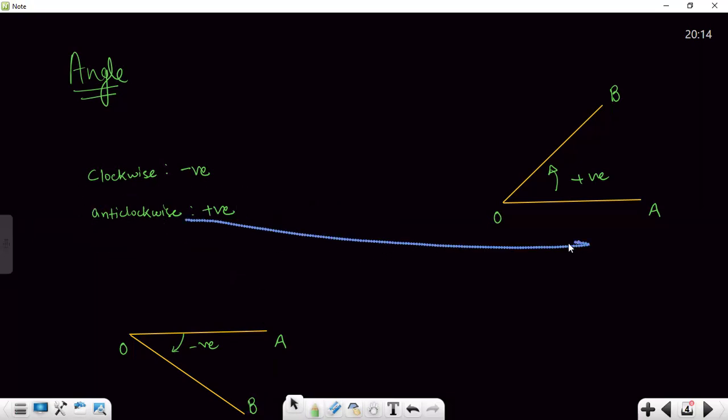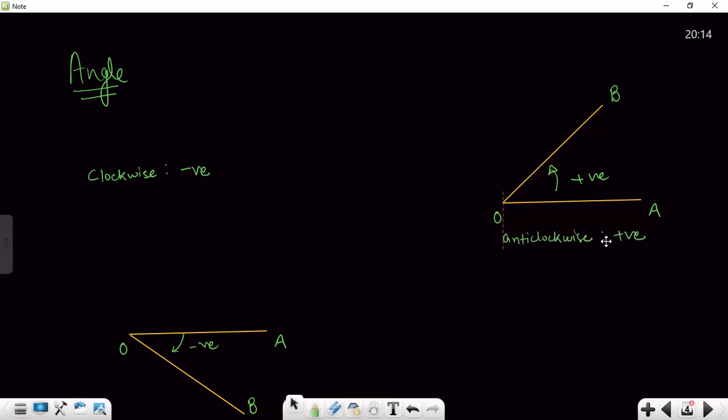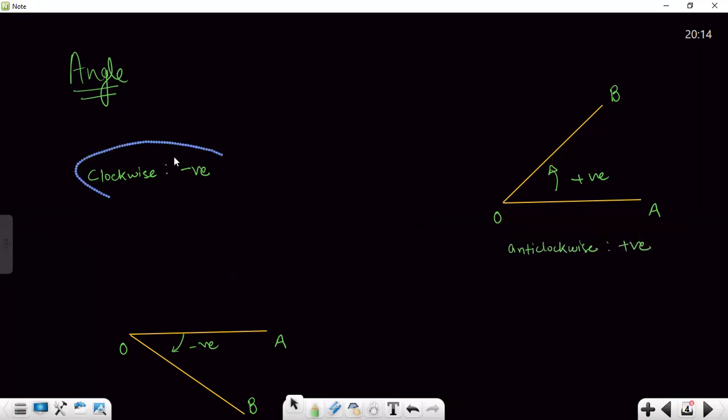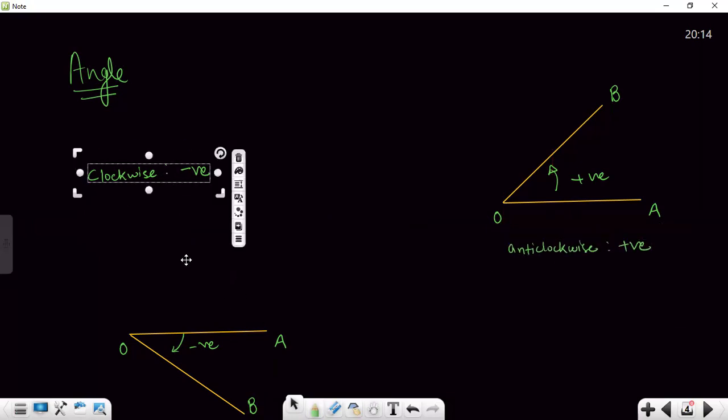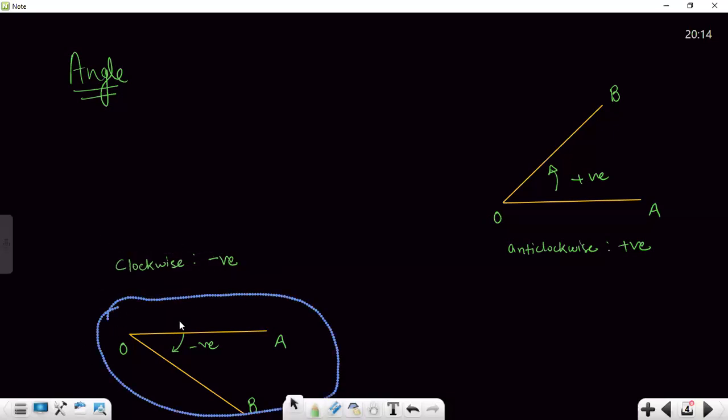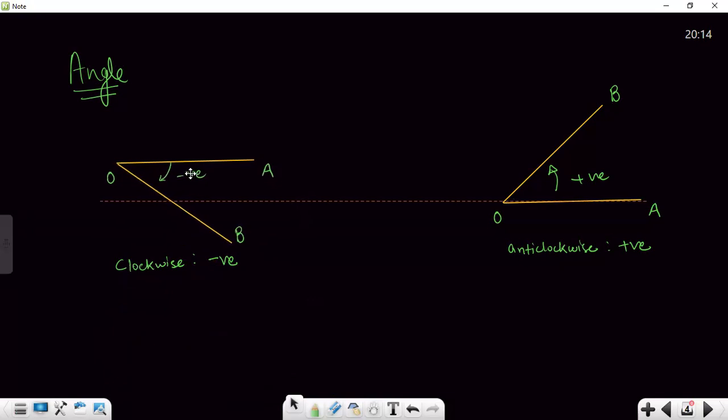So this is the example of an angle becoming positive when the angle is counted anti-clockwise. And this is the example of an angle becoming negative when the angle is measured in a clockwise manner.